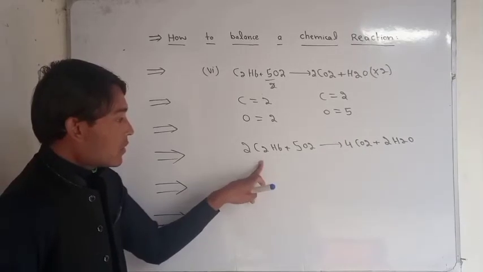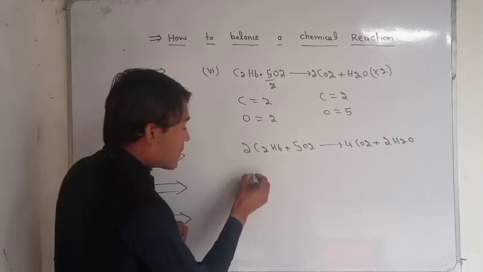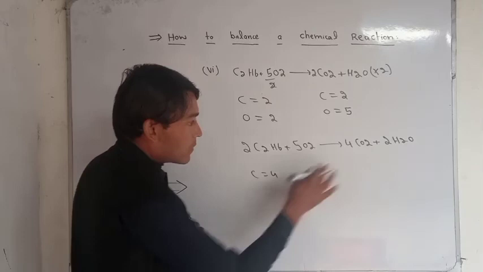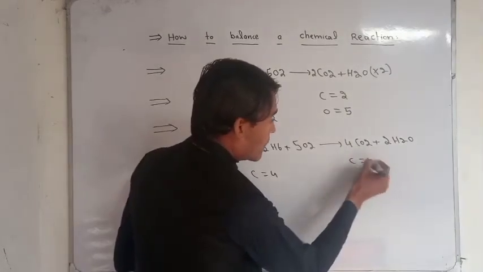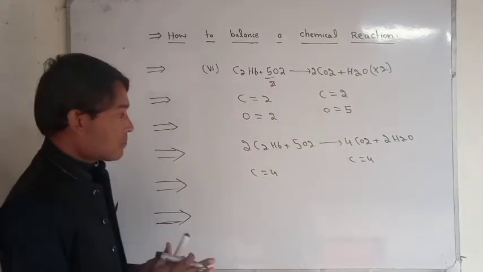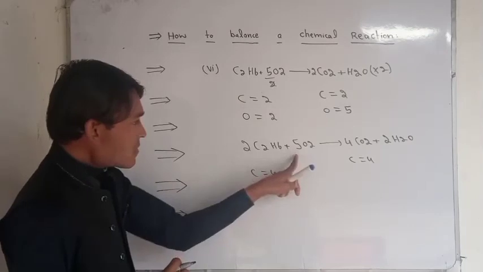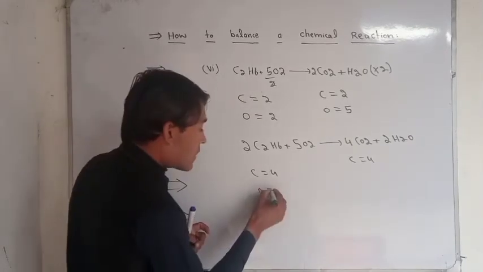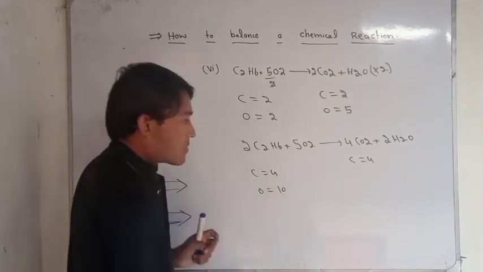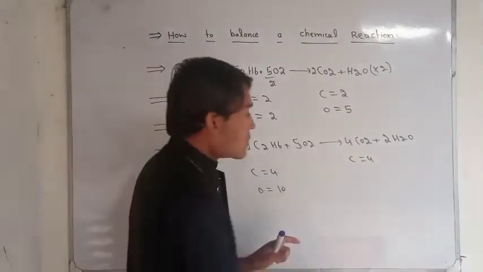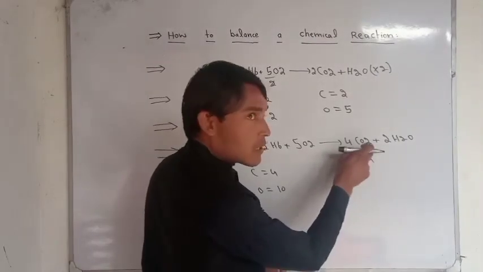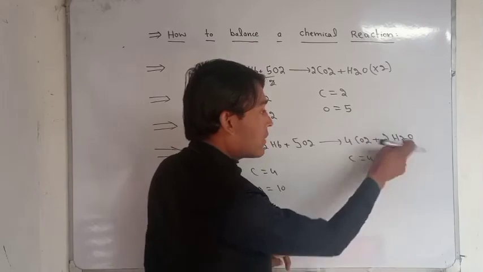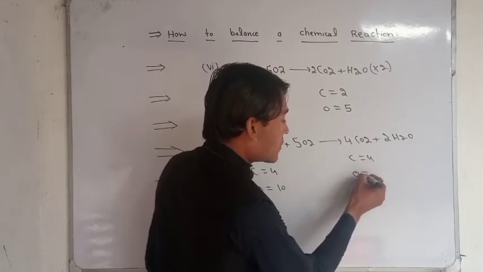Now let's check again. The number of carbon is 4. Again let's talk about oxygen. Oxygen is 5 twos, that is 10. On the right, the number of oxygen is 4 twos, 8, plus 2, that is 10.